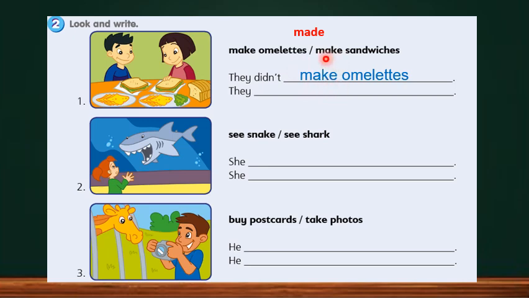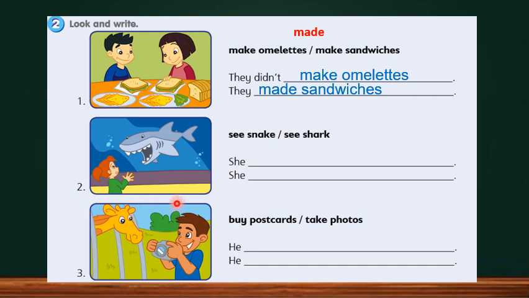We use the base word behind the auxiliary verb and don't change it to become made. They didn't make omelets. They made sandwiches. But here we answer the question by using past tense. They made sandwiches.